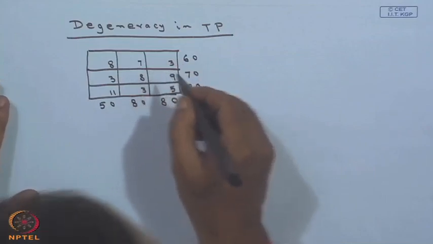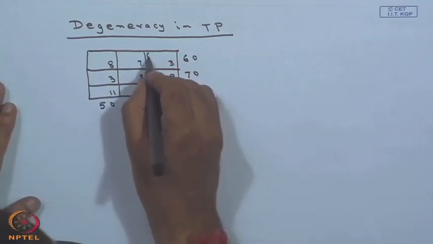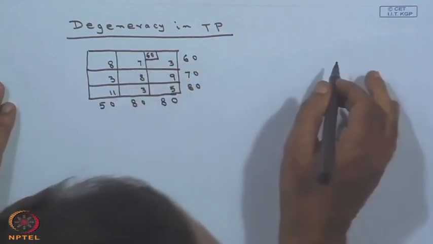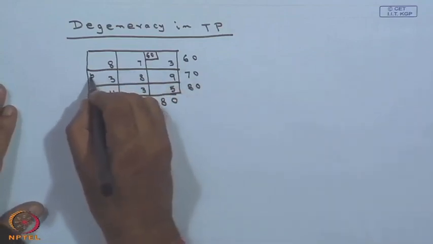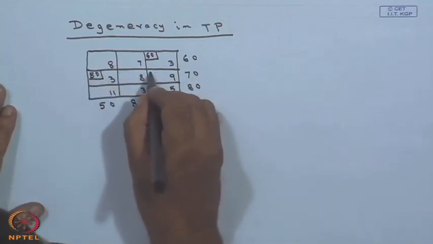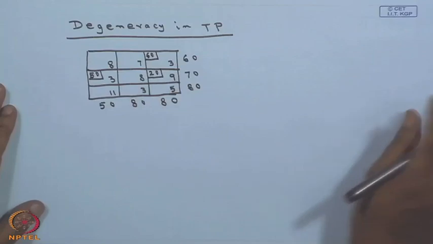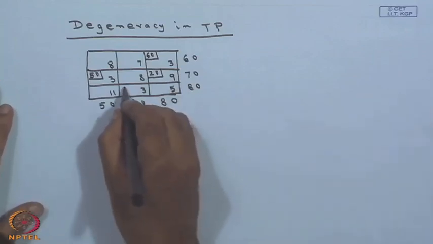The initial basic feasible solution you can obtain as follows: here it will come 60, here 50, and 20 in this column and 80 in this column.